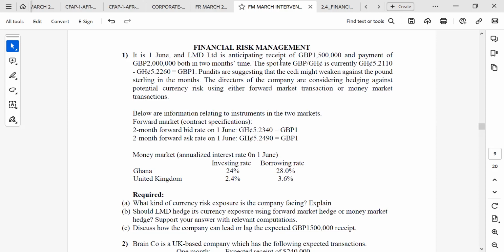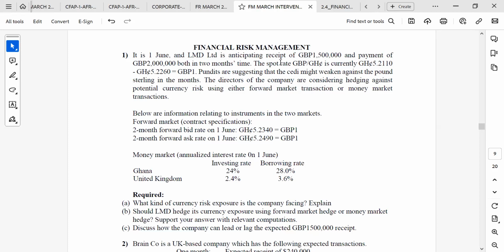Okay, so leading is a situation where the company will estimate the future rate changes, and they will say that maybe in 2 months' time, if you want to pay, this amount is going to be like this amount. So what we are going to do is let's make an advance payment, or let's settle the amount before the transaction itself.